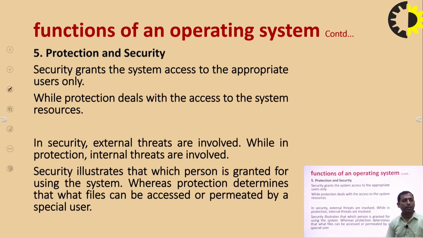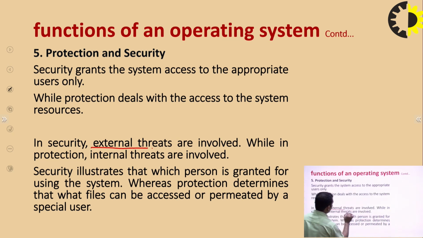Now protection and security. Security grants system access to the appropriate user only, while protection deals with access to the system resources. Mainly, security involves external threats, while protection involves internal threats. This is the main point.